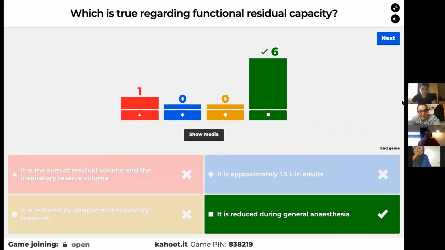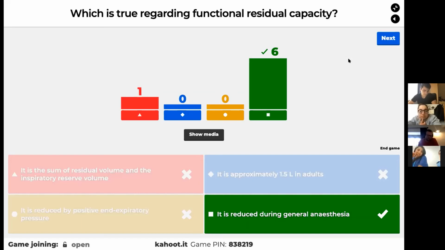Well done. So yes, that is true. This is one of those things that comes up a lot, or a variation of this question, and there are so many tables about factors increasing and decreasing functional residual capacity. It is just one of those things you have to learn, which I know isn't very useful information, but it does come up quite a lot.